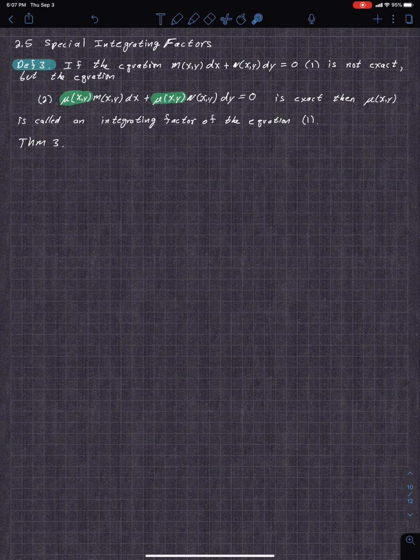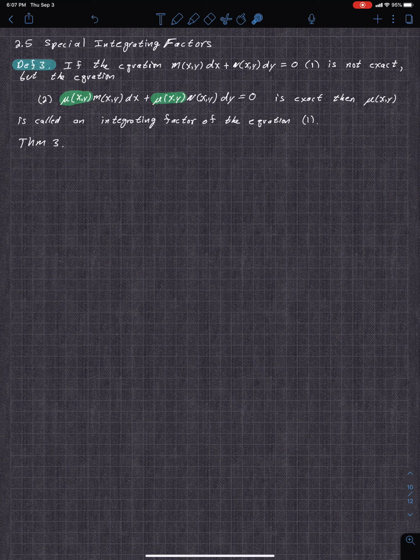So, definition 3, let's write this down. If the equation M(x,y) dx plus N(x,y) dy equals 0, we'll call that equation 1, is not exact, but this equation is exact, then basically what you're doing is multiplying by mu of x,y, which is what we did before.